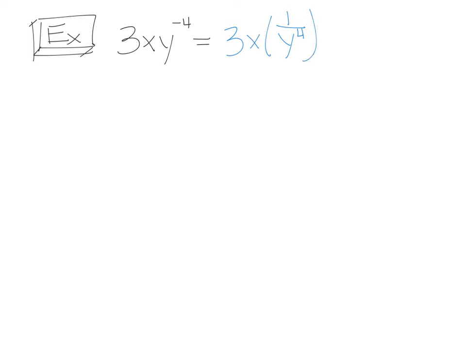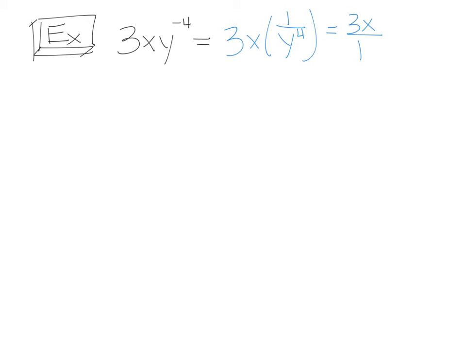Then you close it. Now, typically we do not leave it in this format, so don't get in the habit of leaving it like this. What you do is you have a numerator and you have a denominator now. So let me rewrite it. This is really saying 3x over 1 because it's in the numerator.